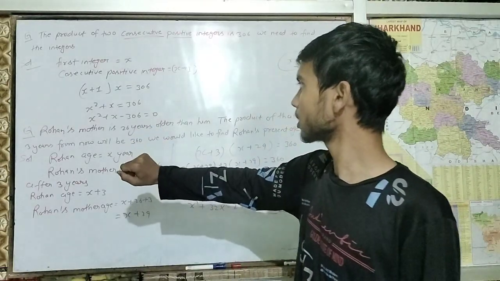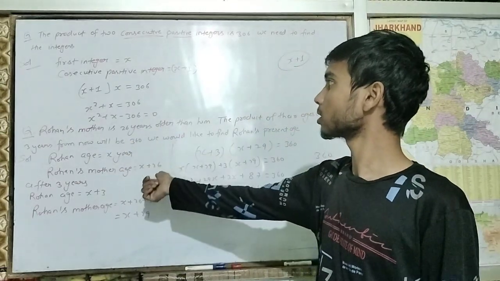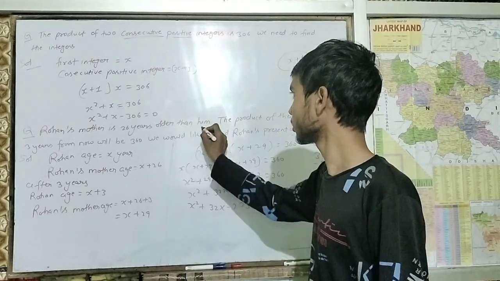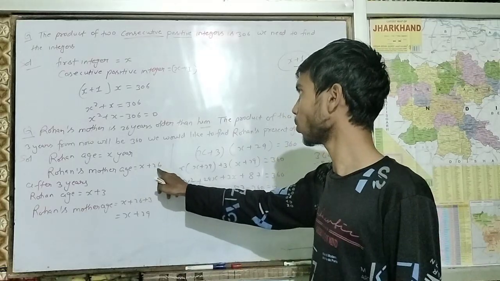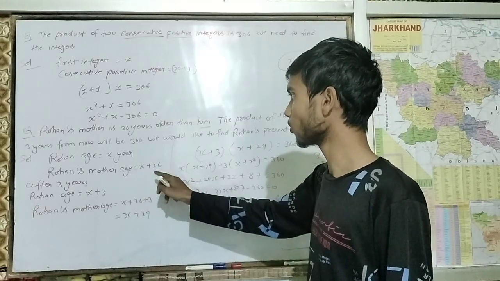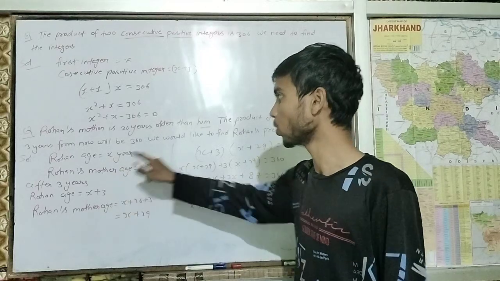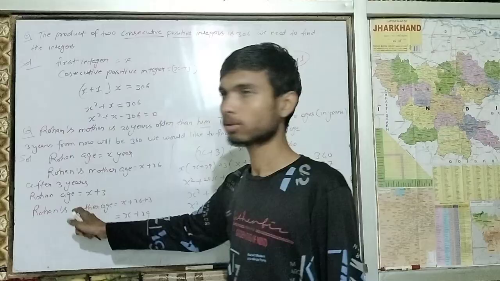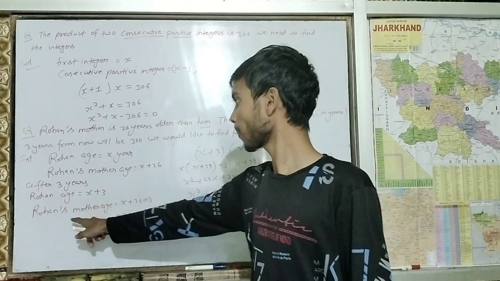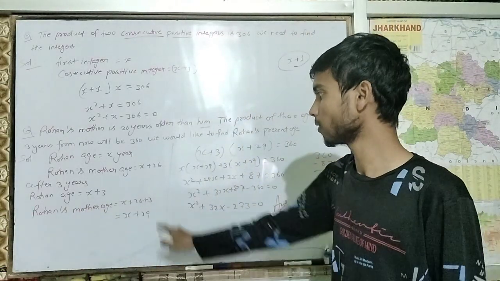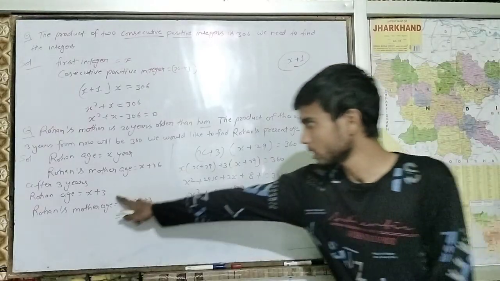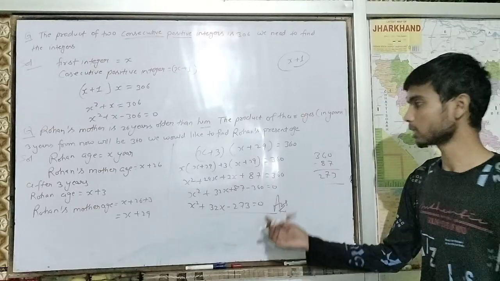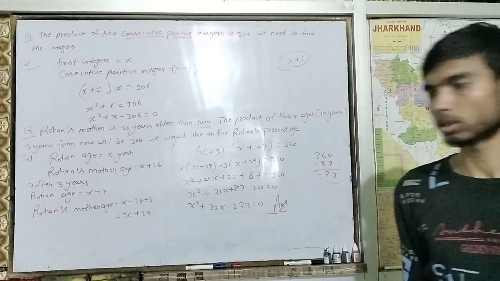This sentence tells us that she is older, so we add 26 to Rohan's age. But after 3 years, we increase Rohan's age with 3, and Rohan's mother's age by 3 more. The product of this and this is becoming this much, and it is a quadratic equation because the highest exponent is 2.